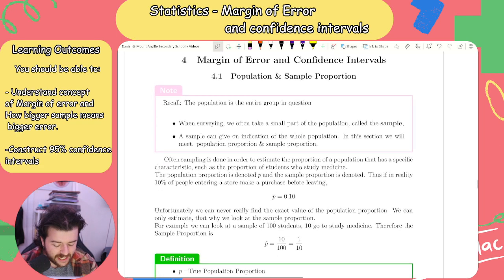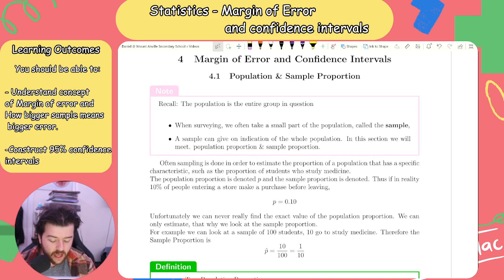But before we get into that, let's just recap some things. We're looking at population and sample proportion. Recall, the population is the entire group being studied. Population doesn't mean everyone who lives in Ireland. Population just means everyone you are studying within a study.